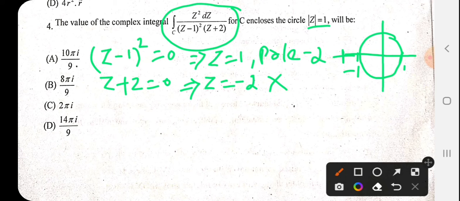Okay, now come to the residue part. How to find the residue of this integral when the pole of any specific order, that is more than 1, is given.